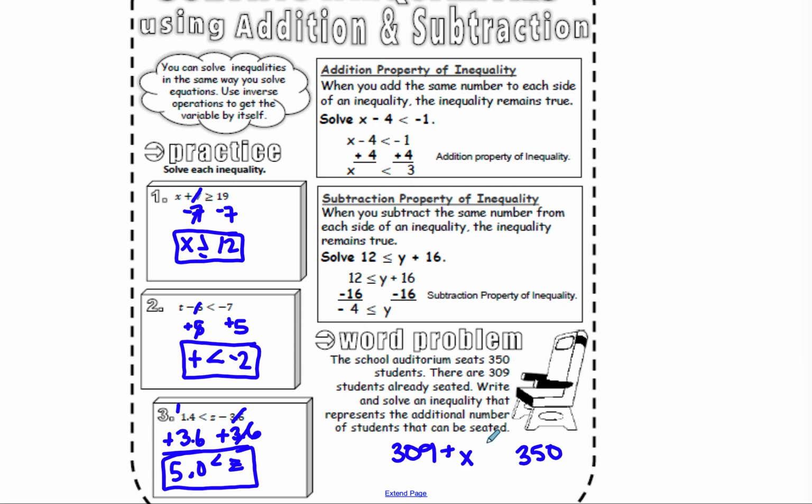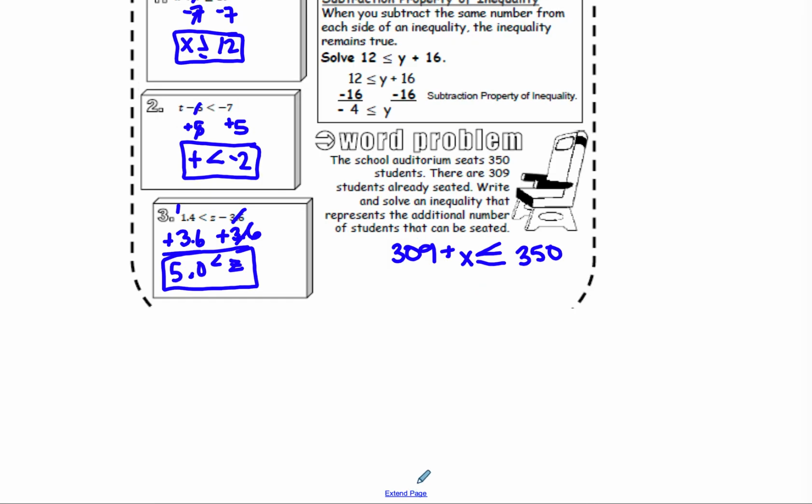I cannot have the number of students greater than 350, or not everybody's going to have a seat. So it needs to be less than 350 in order for everybody to have a seat. But it could equal 350. There wouldn't be any empty seats left over. So my inequality is 309 plus x is less than or equal to 350.